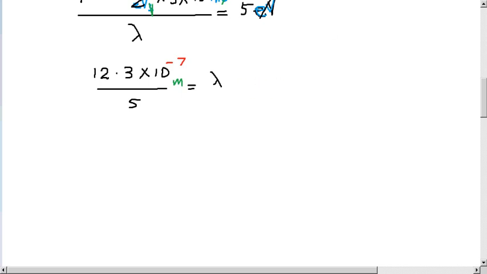So divide by 5, 2 times, then 20, 4 times, to 30, 6 times, then minus 7, that is lambda in meter.